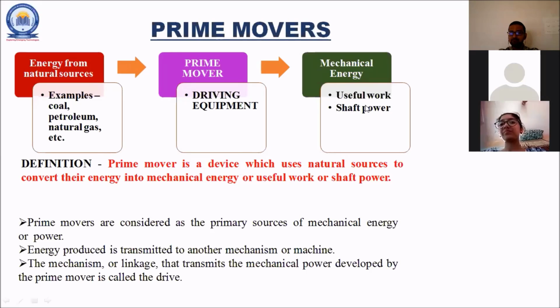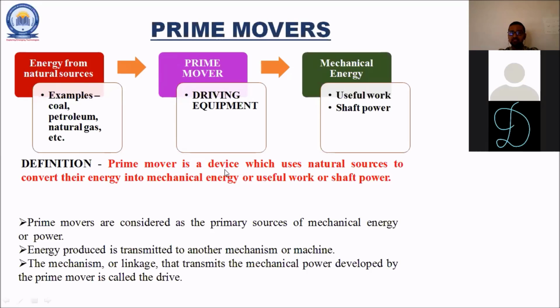Dear friends, the shaft is one of the components which is used for power transmission. So if we have understood the concepts of the pictorial representation related to the prime mover, then I expect that the definition will be much clearer to you.